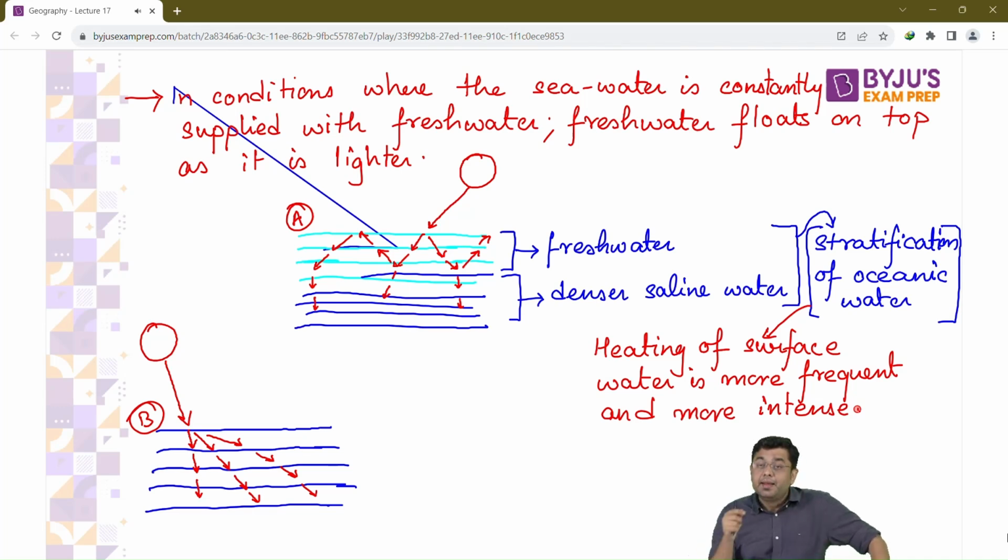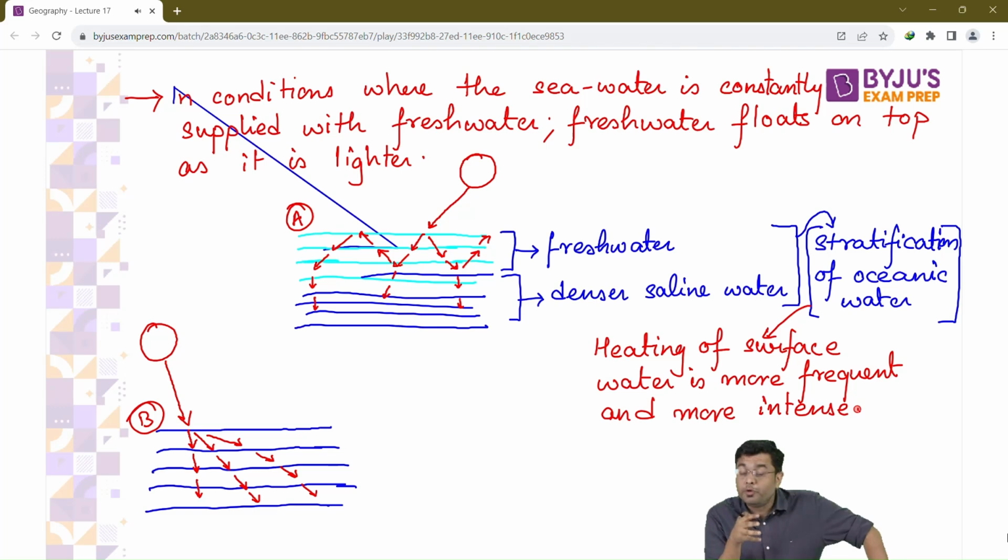Right? So basically, that is the reason why you will have greater occurrence of tropical cyclones in the region of Bay of Bengal, in the region of Gulf of Mexico, because there also you have large rivers such as Mississippi, Missouri, etc. You have rivers such as Rio Grande, etc., that end up draining into the Gulf of Mexico.